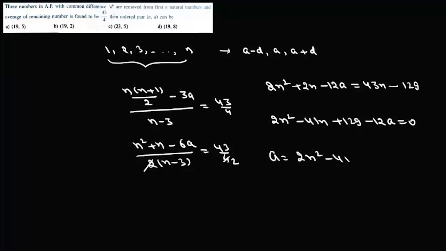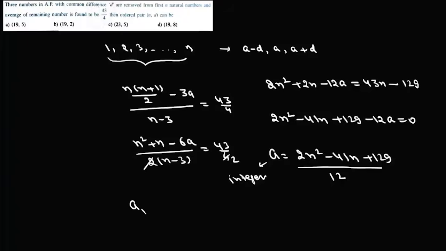Now we can write this a as (2n square minus 41n plus 129) divided by 12. Now this a has to be an integer.